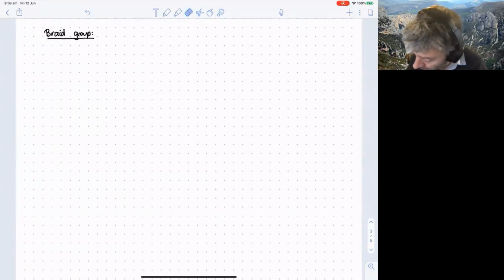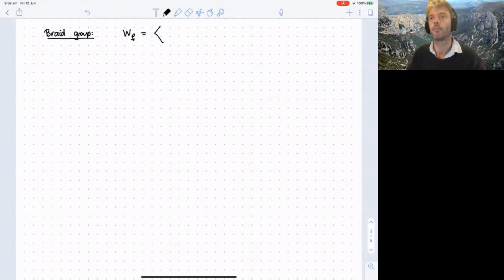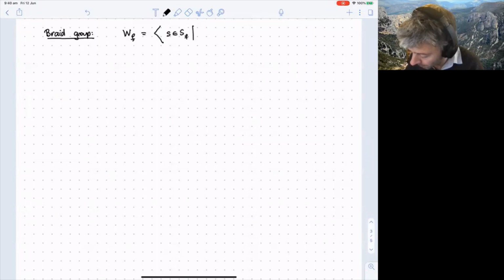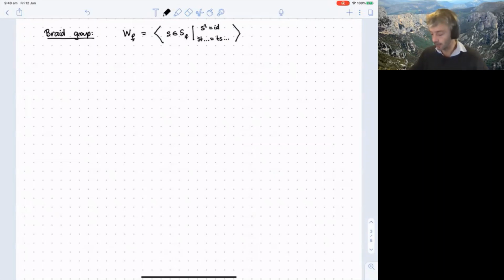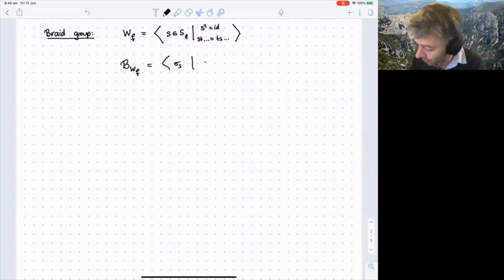So we have this finite Weyl group that admits a Coxeter presentation, such that, and of course the braid group is the same thing, except we drop the quadratic relation.